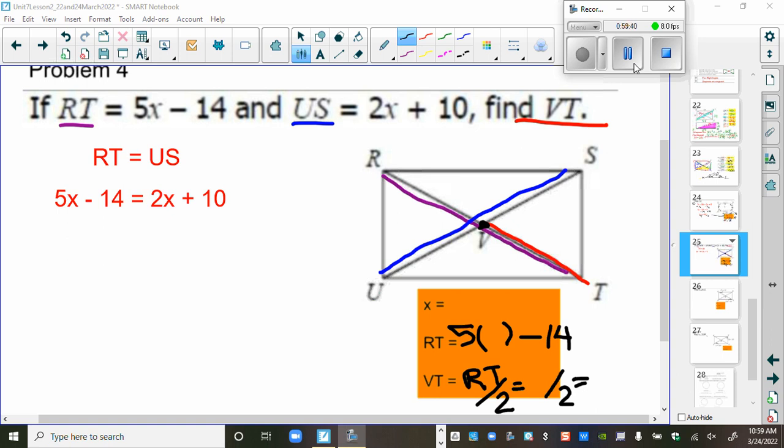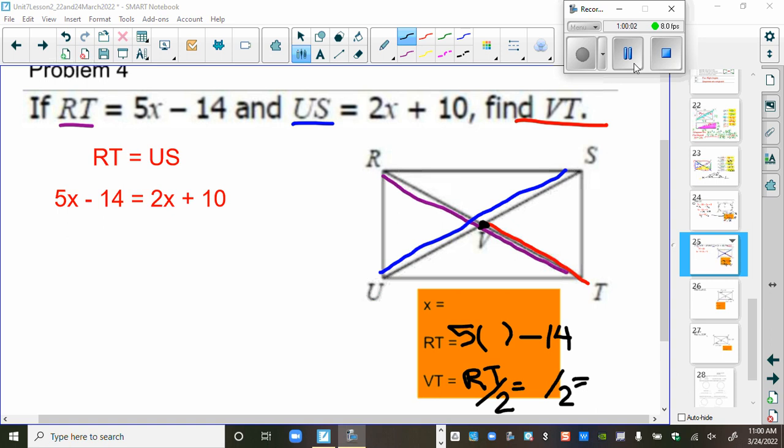Perfect. That's great work. Use the X. All right, this is how we're doing here. Okay, you got the value of X. Good. You got an RT.